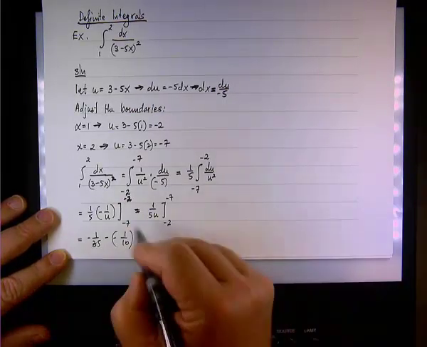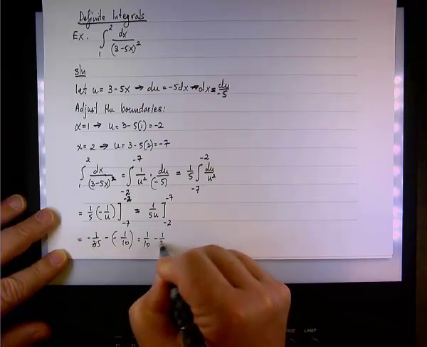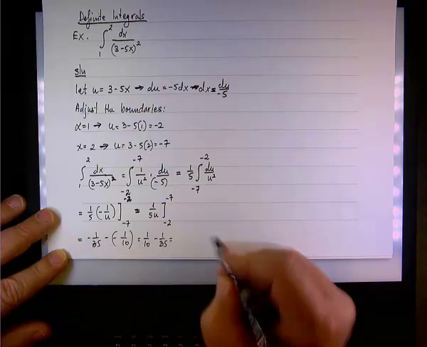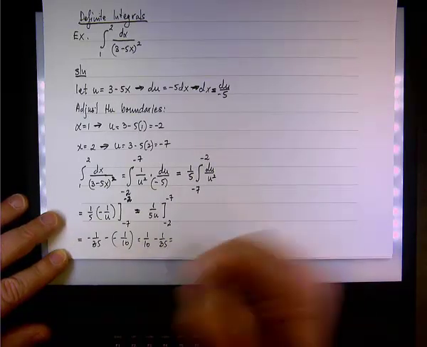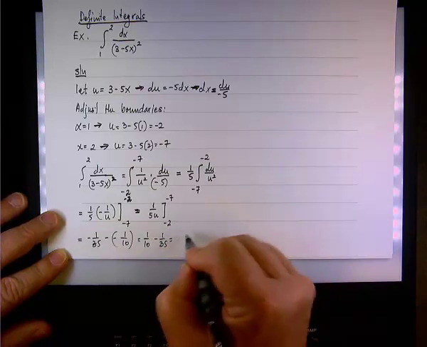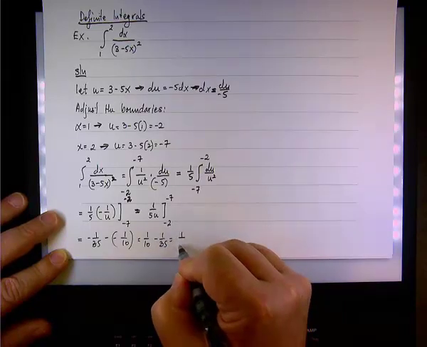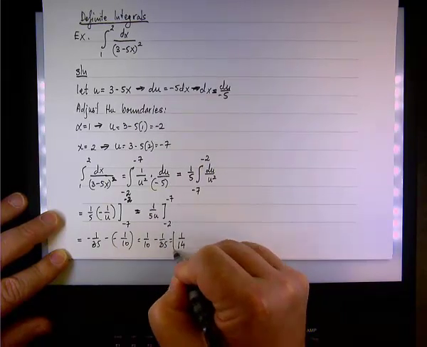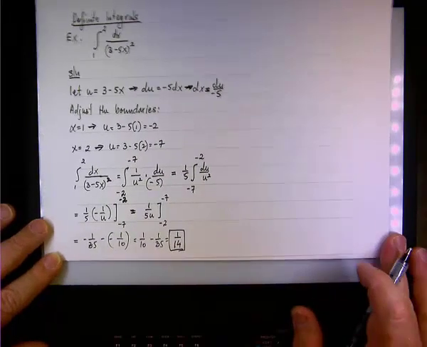So we're looking at 1/10 minus 1/35. The common denominator is 70, so we're looking at 7 minus 2, which is 5/70, or 1/14. Okay, the last two calculations I did in my head, but I'm sure you can follow me on this one.